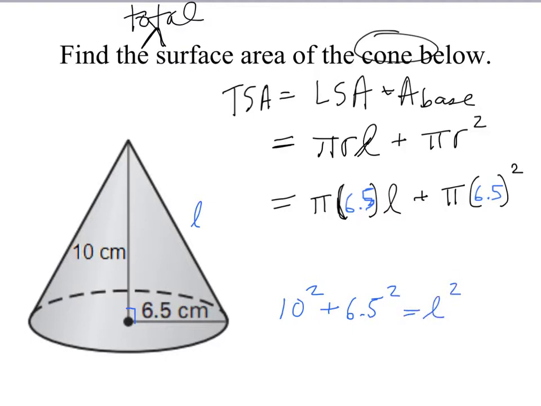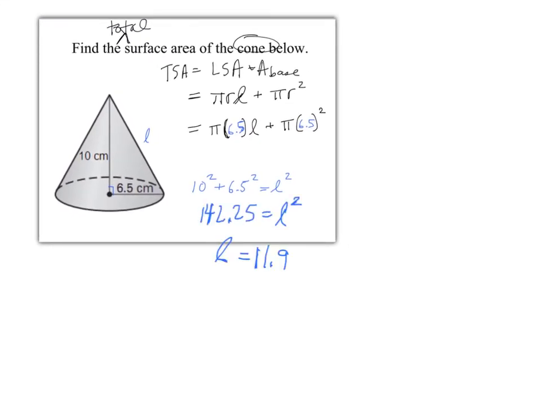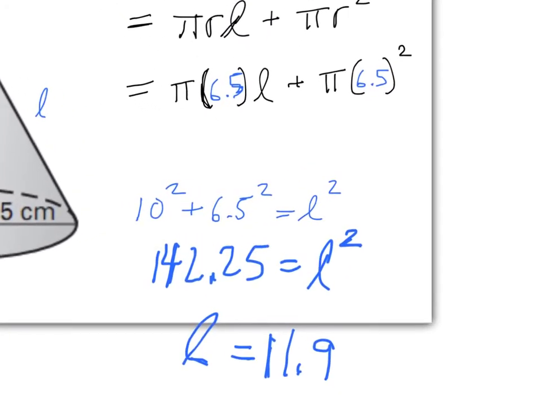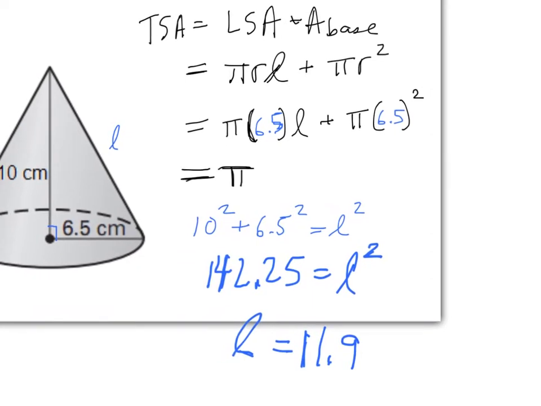Take a moment, solve it, and see what you get. If you're like me, you got 11.9 when you square rooted 142.25 or thereabouts.